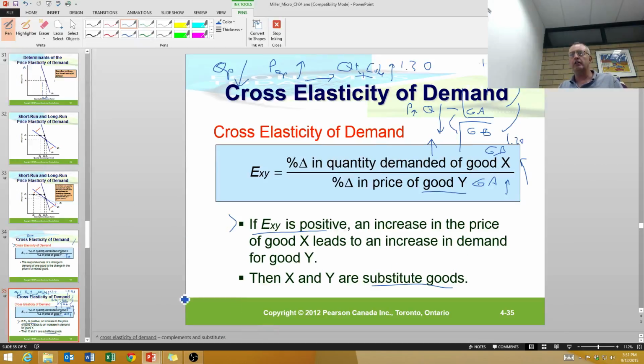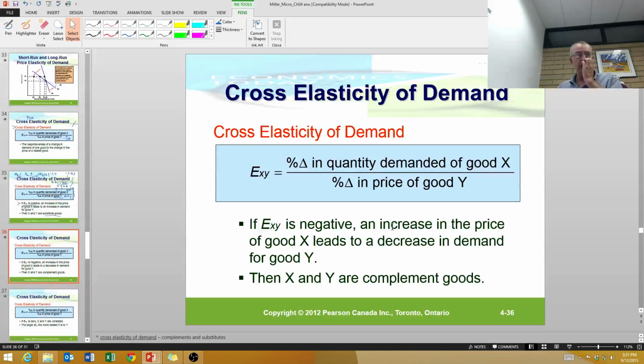Okay, and then we also have the concept of complementary products. These are products that we use in conjunction with one another. So this works the exact opposite way. If the price of one good increases, then the quantity demanded of that good will decline, and the quantity of a complementary good will also decline.